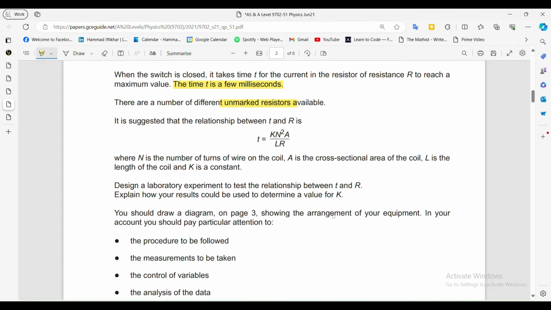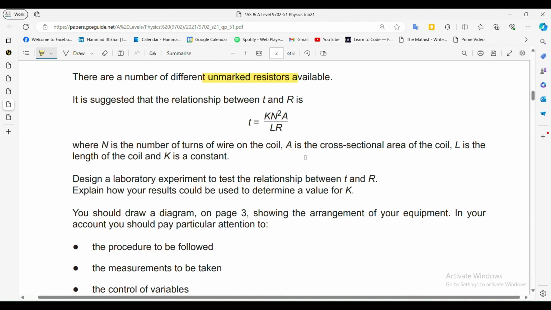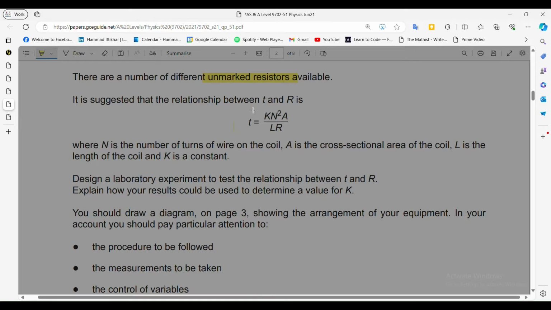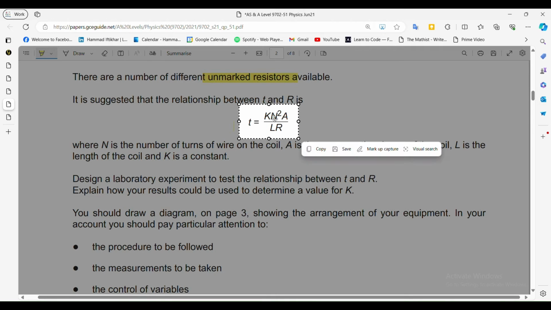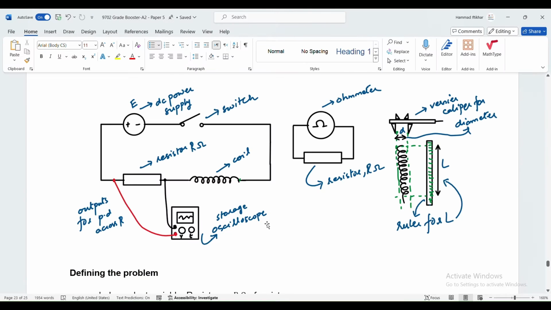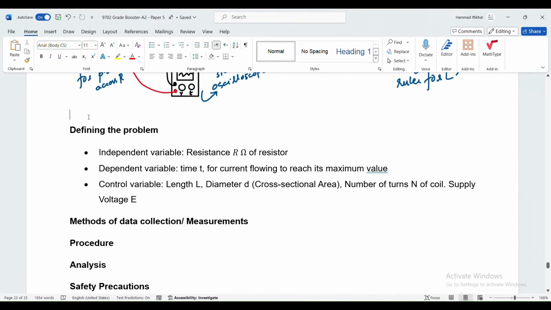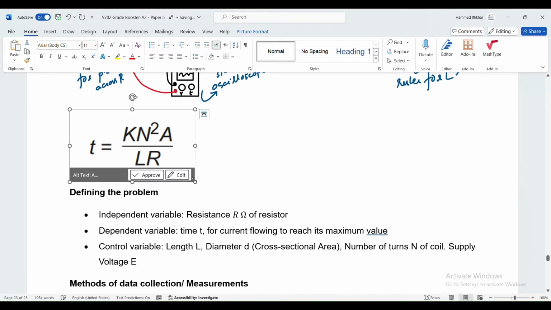Yes, this one. T and R. So we have the number of turns, cross-sectional area, length, and resistance. Actually, let me just simply copy this before I come back again. So I will paste it over here.